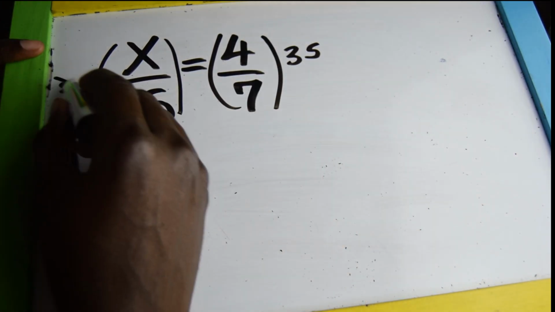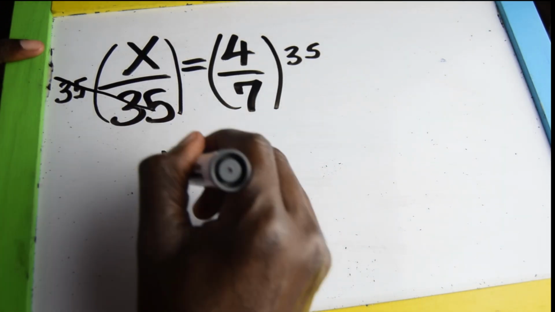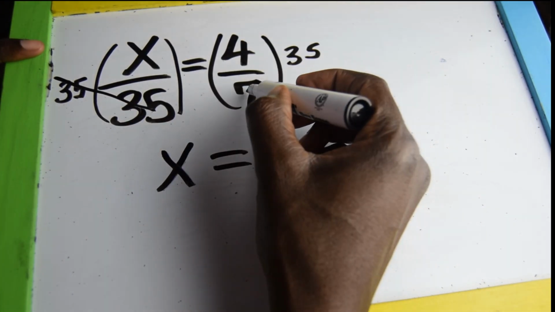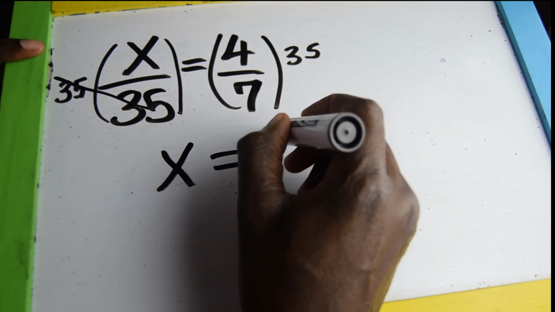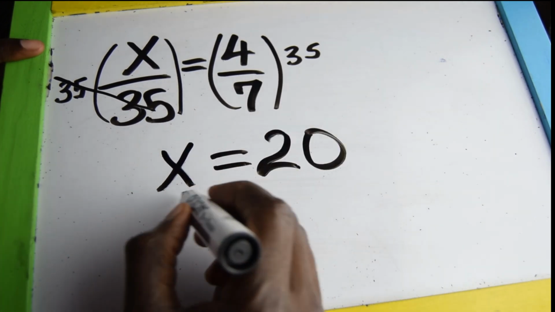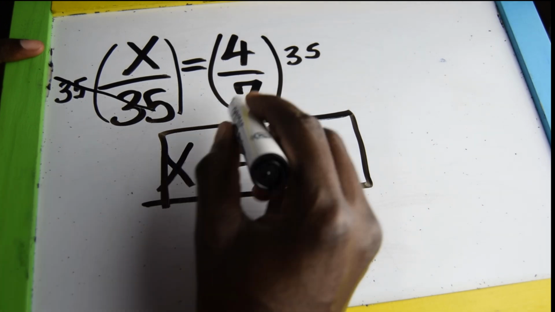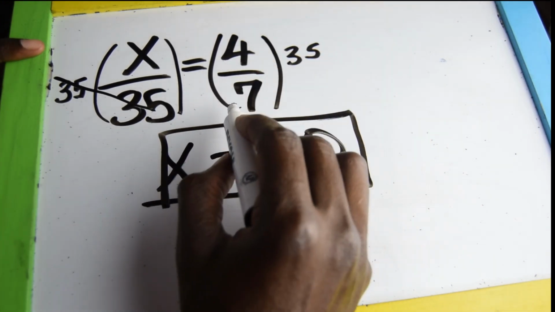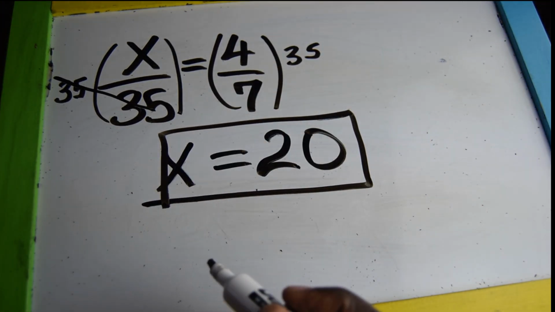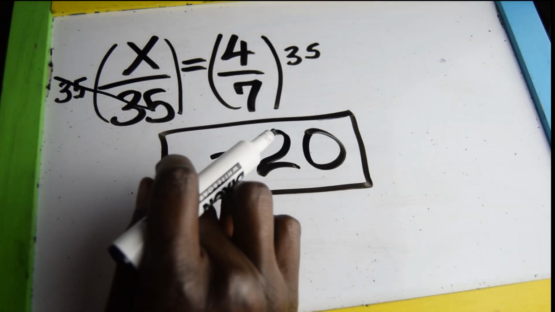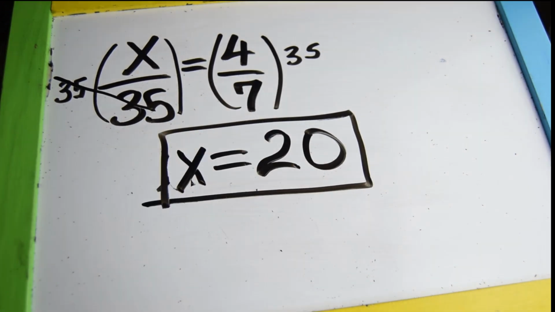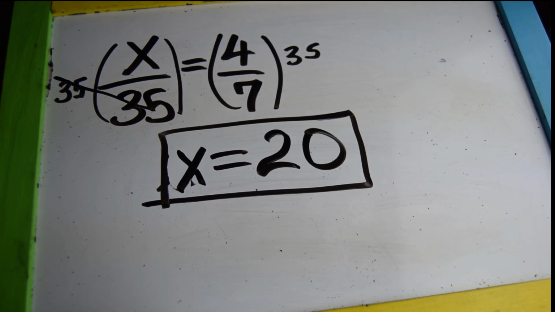So these 35s cancel out and I have x by itself. And this side I have 4 times 5, that is 20. You can try this using your calculator: just do 4 times 35 and then divide that by 7. So you get x equal to 20. And that is your answer.